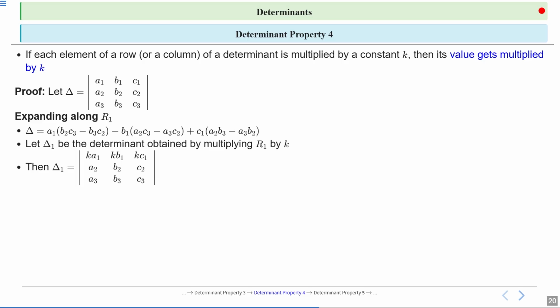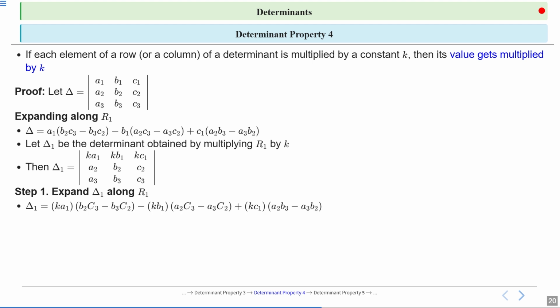So the new matrix obtained by multiplying the first row with constant k is ka1, kb1, kc1, a2, b2, c2, a3, b3, c3. Now we calculate the determinant for this. So now expand delta 1 along R1.